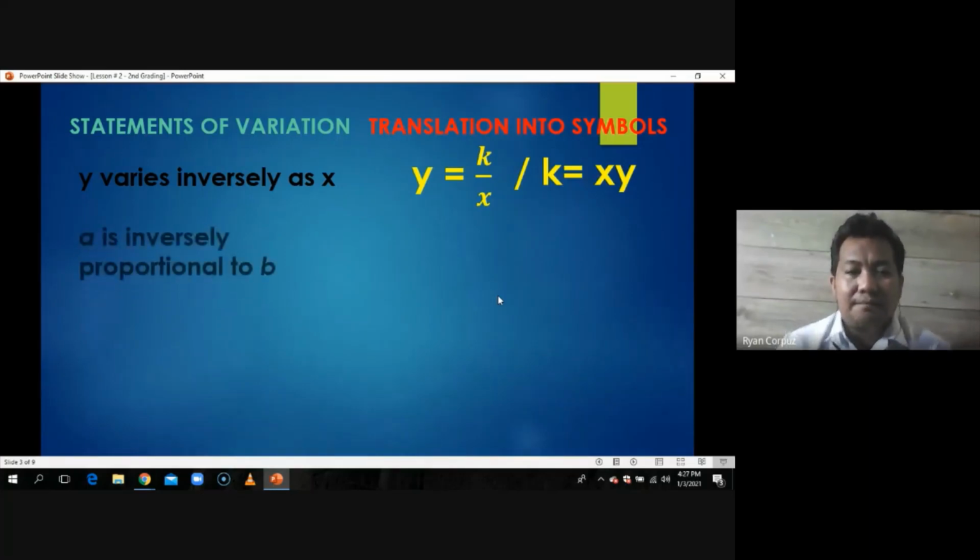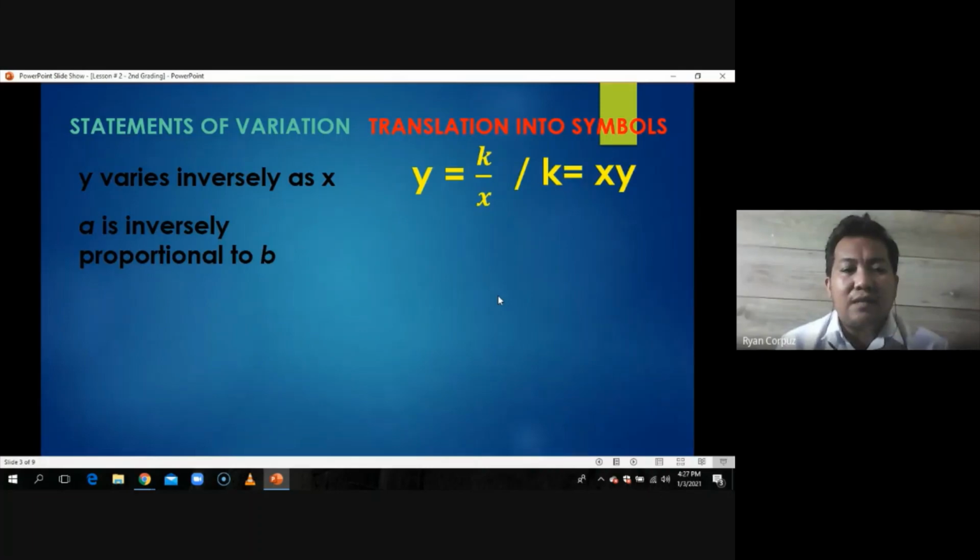Let's try another. A is inversely proportional to B. The quantities are A and B. So first translation niya, it will be A is equal to k, that A is on the left side, then B is on the right side.